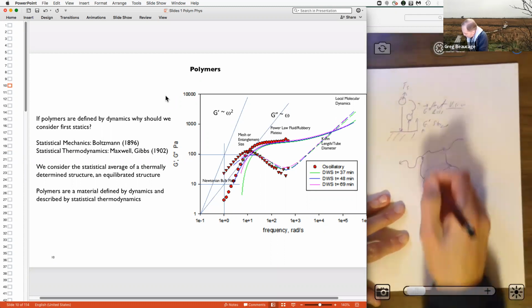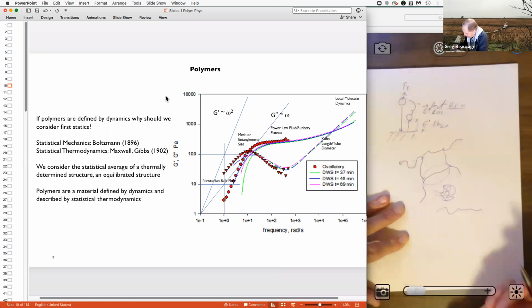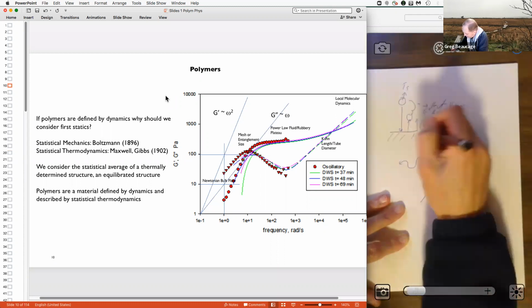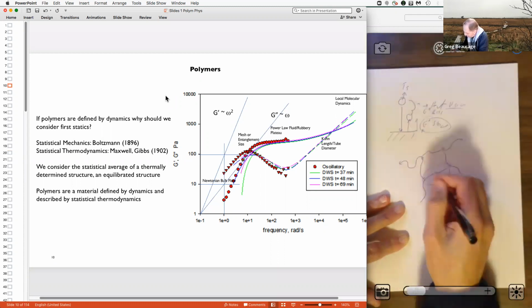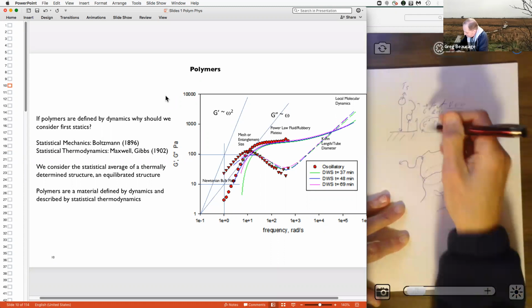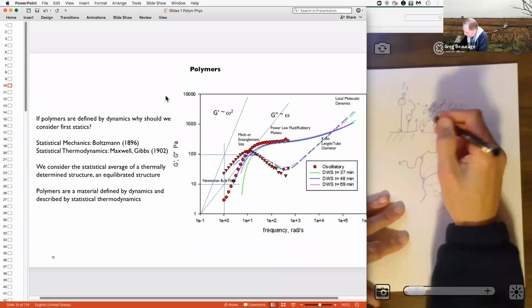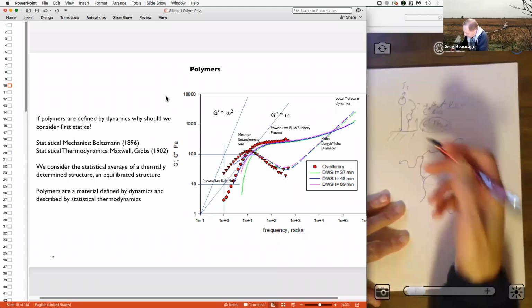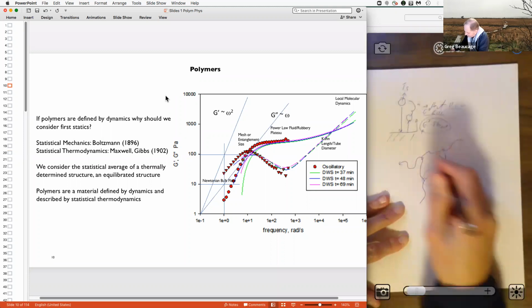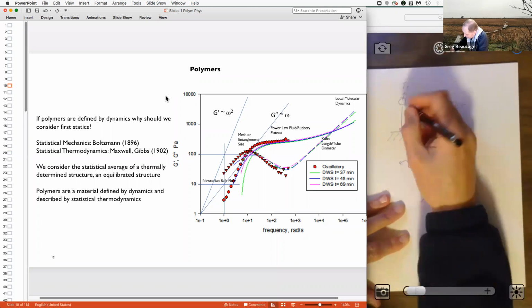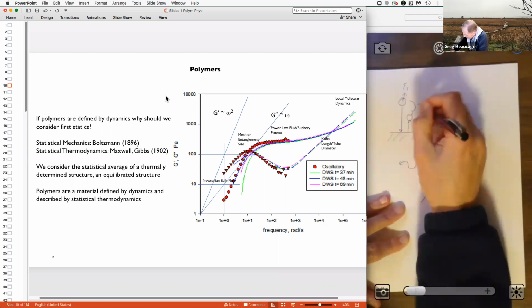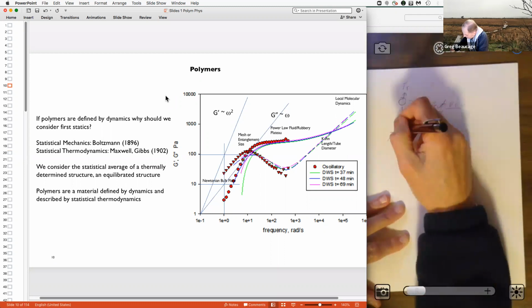And when you deform it, it forms something a little bit straightened out, and it wants to spring back. So that's why it has this elastic modulus associated with that deformation behavior. And the loss modulus is going to be due to kind of flow of the thing. Once you reach the glass transition temperature, this thing will just be all flow. It'll just totally stop when it hits the bottom.